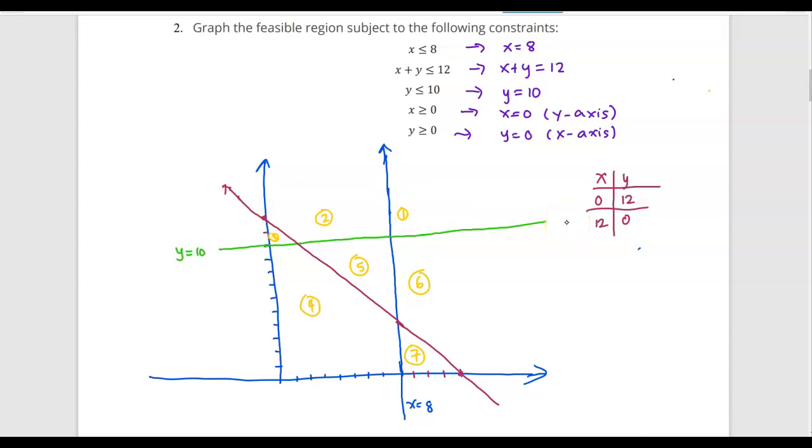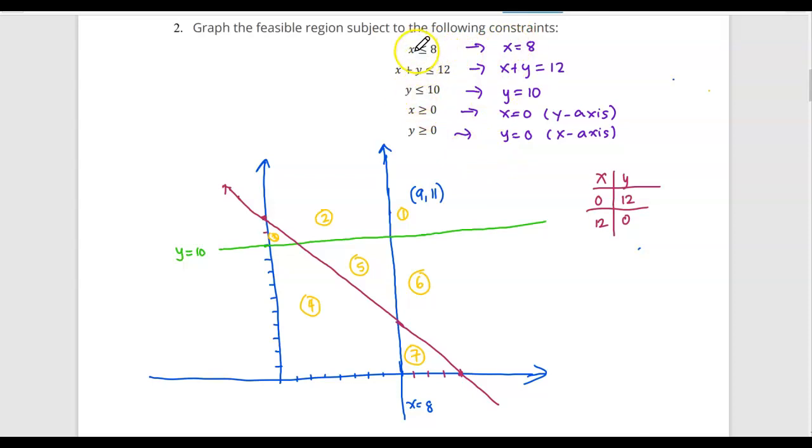So let's consider the point 9, 11, and see if it satisfies all the inequalities here.